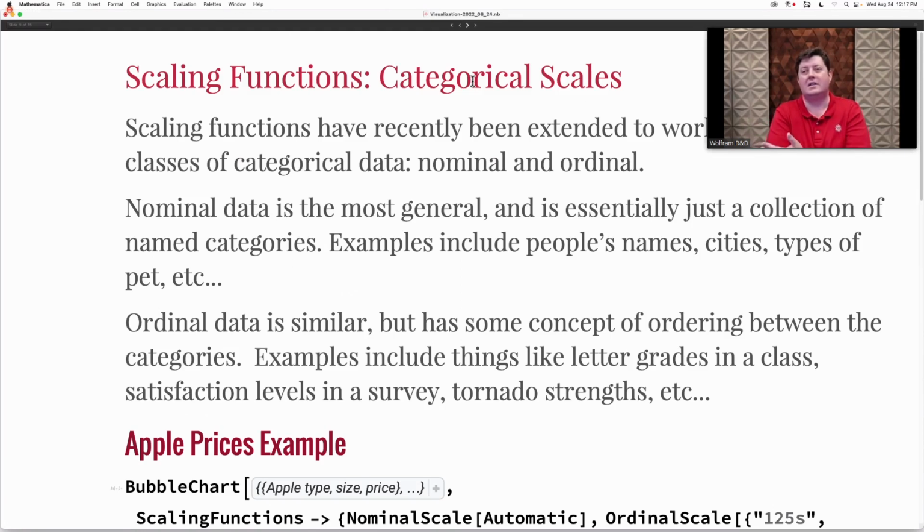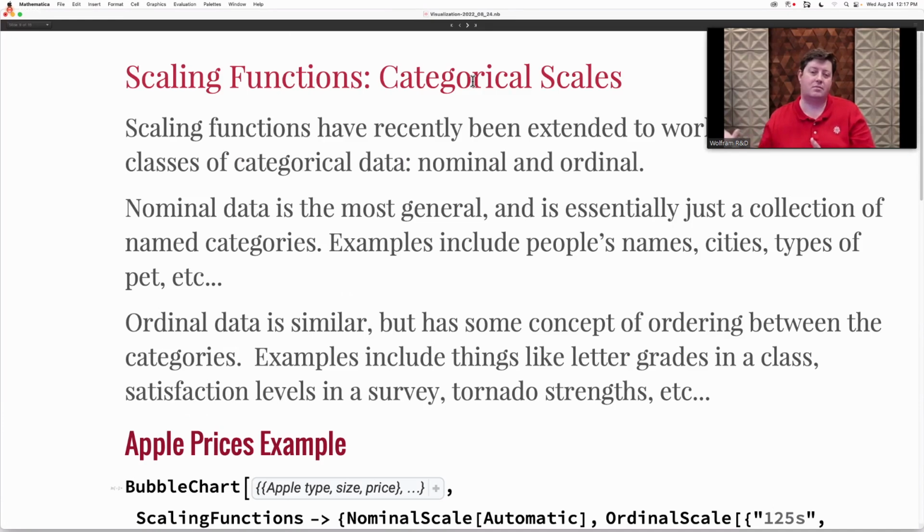And the difference is that with ordinal scale, you're saying that these are categorical things, but there is an ordering to them of some sort. So it could be things like letter grades in a class, A, B, C, D, E, F. It could be the magnitude of a tornado, so the EF3 type stuff.